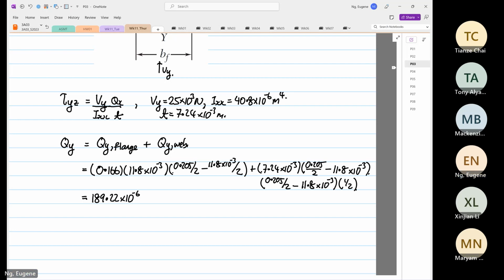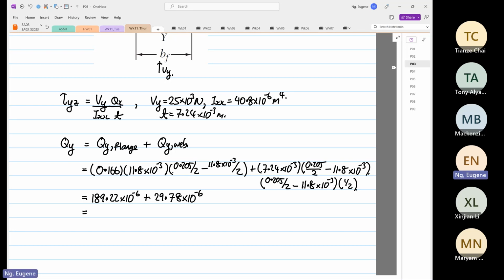Let me do it again. Plus, 0.205 divided by 2 minus 11.8 power minus 3, squared, times 0.5 times 7.24 power minus 3. So it's 29.78 power minus 6.